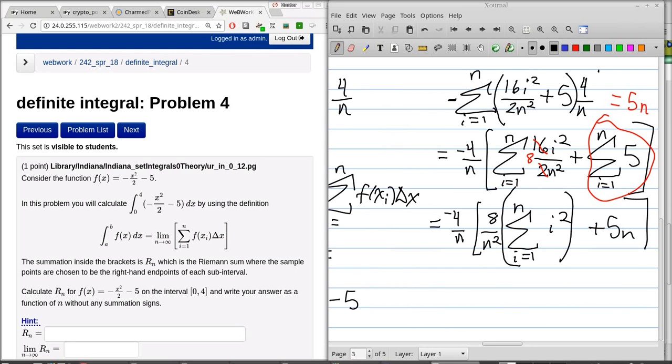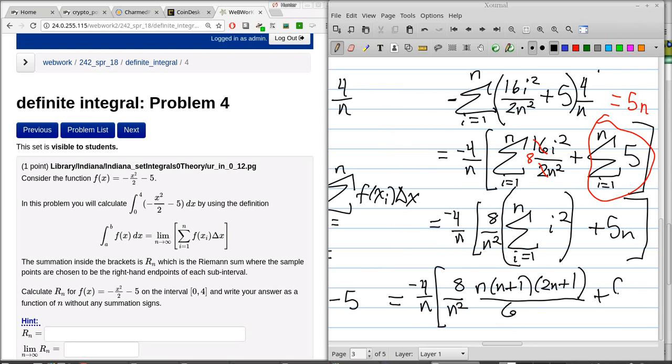Okay, so we're getting somewhere now. And we've got minus 4 over n, and inside the brackets 8 over n squared times, here's the formula, I believe, n times n plus 1 times 2n plus 1. Didn't we? Yeah, we checked the answer for the previous problem and it was right, so this is the right formula.